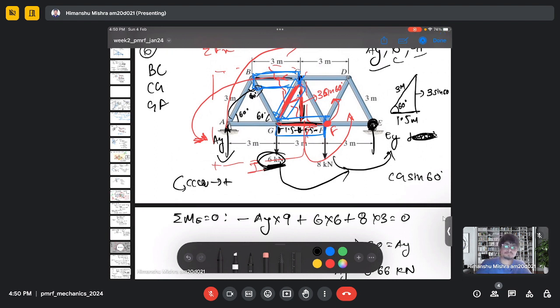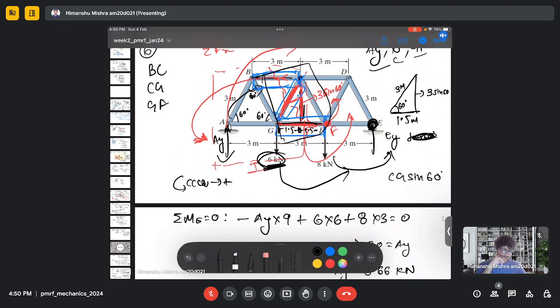In this problem we found the moment about point F or point C. You can choose any point in the vicinity of this where you apply the method of section. There are only 3 members we are considering.